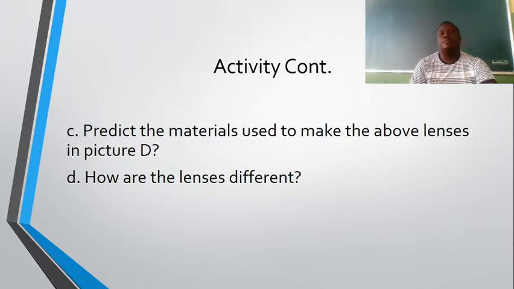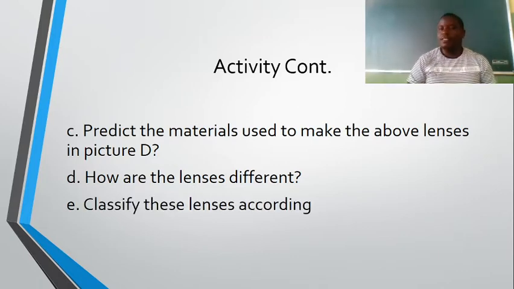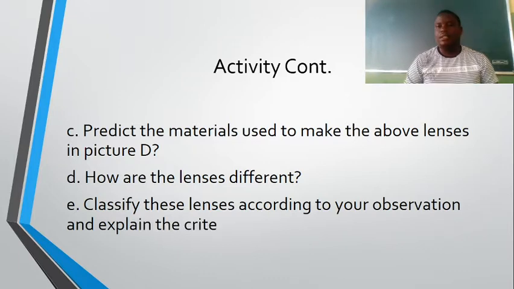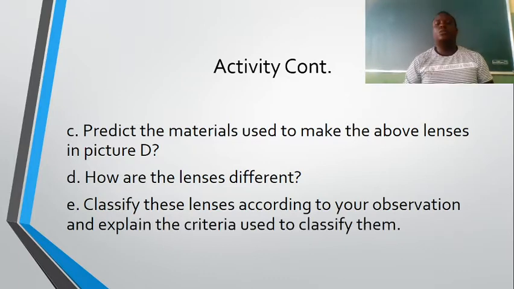Predict the materials used to make the above lenses. In picture D, how are the lenses different? The last one. Classify these lenses according to your observations and explain the criteria used to classify them. Hope you will be very creative on these questions.